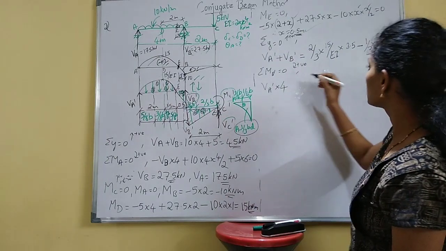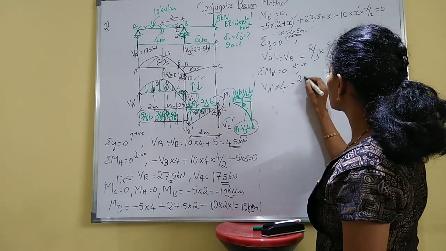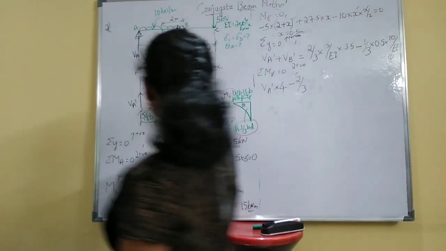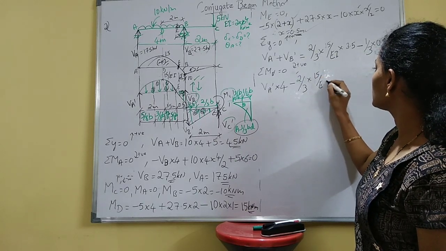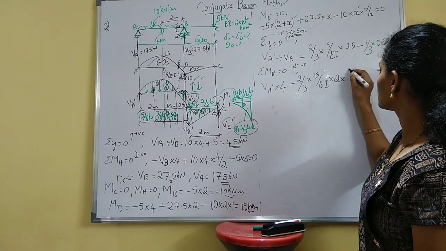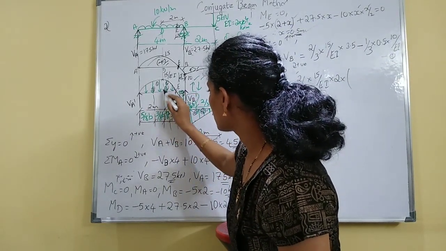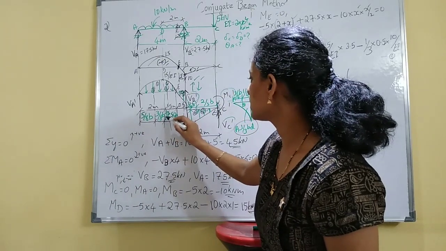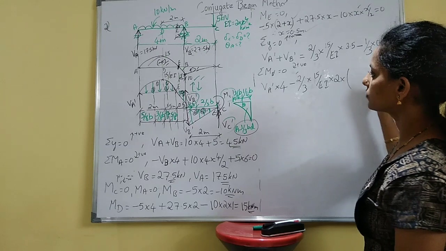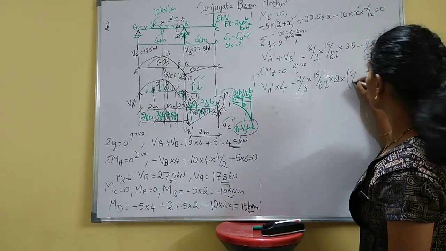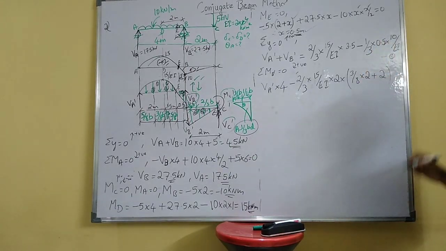Next this, so it will be anti-clockwise, so minus, area is 2/3 of, consider this first area, that is 2/3 of 15 by EI into distance is 2 meter, and perpendicular distance you have to consider up to B dash, so up to here it is 3/8 of B, then you have to consider this whole distance, so 3/8 into 2 plus 2 meter up to B dash.